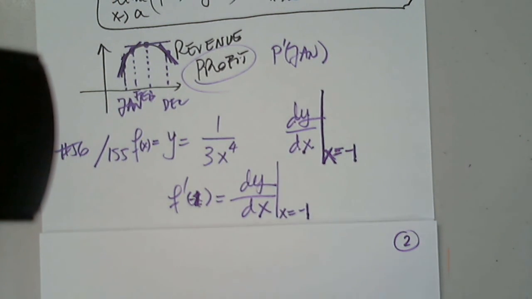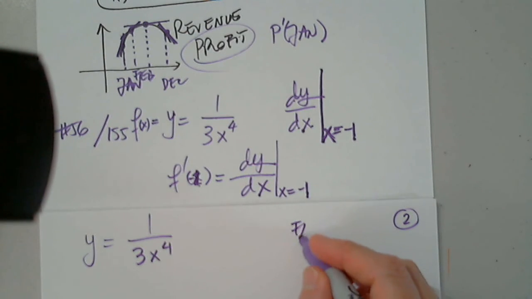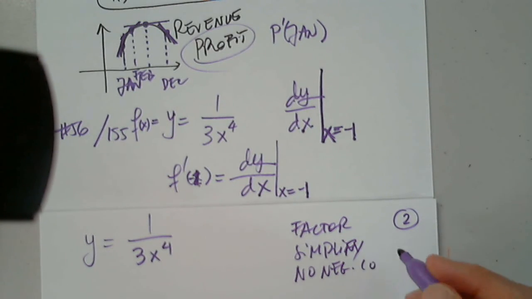Okay, so we have y equals 1 over 3x to the fourth. Remember what I always say: factor, simplify, no negative leading coefficients, always descending order.